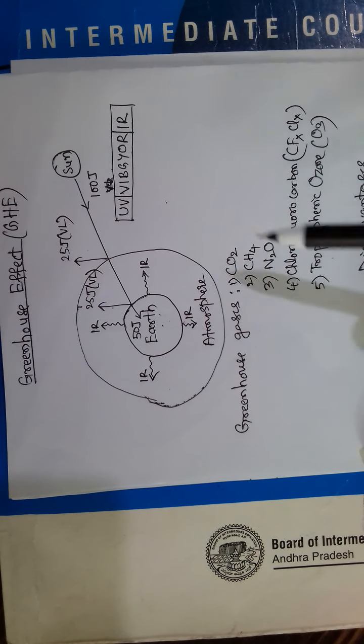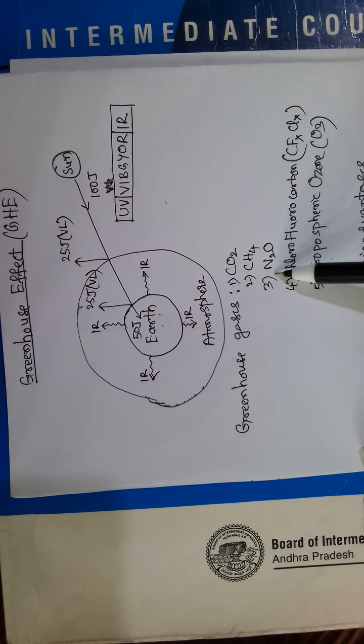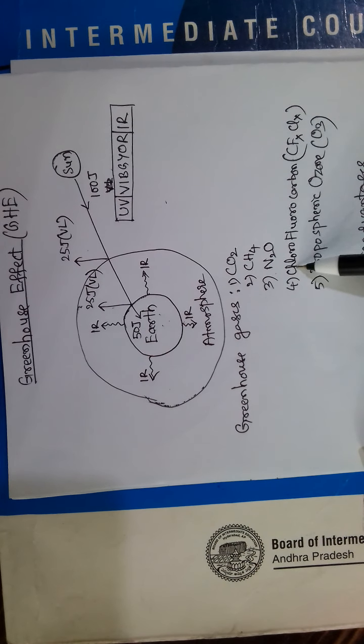What are they? Carbon dioxide, methane, nitrous oxide, chlorofluorocarbons, and tropospheric ozone. These are called greenhouse gases.